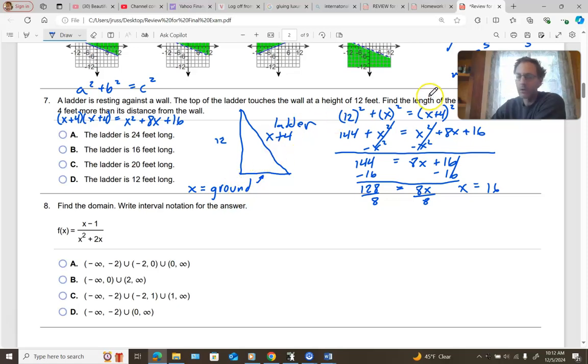The question is, or no, it's not either. That's why you have to be careful here. X represents this distance right here. The question is, what's the length of the ladder? Well, it's 16 plus 4, so it's actually 20 feet long. So be careful on that one.